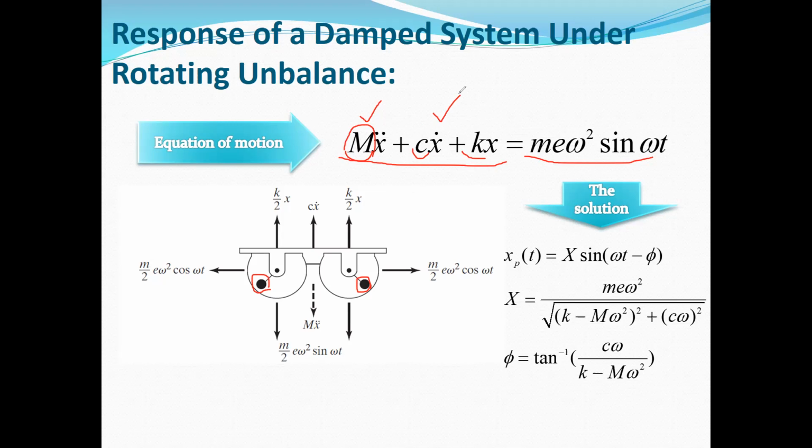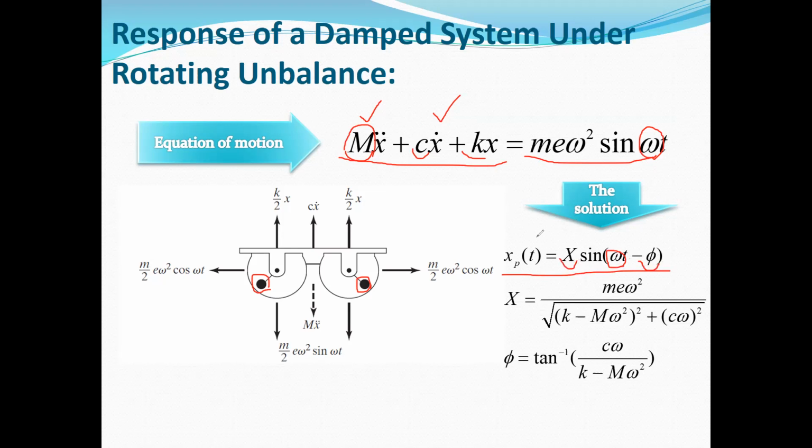But here we need to obtain the particular response, and because the frequency of the excitation is omega, it will be a particular response with the frequency of omega. And also we will need to obtain the amplitude and the phase angle.